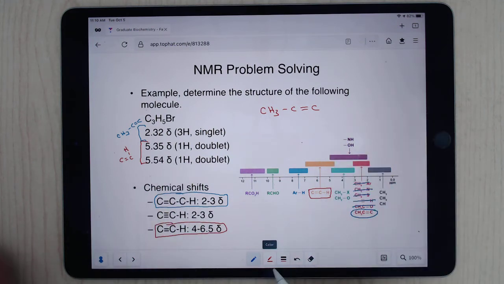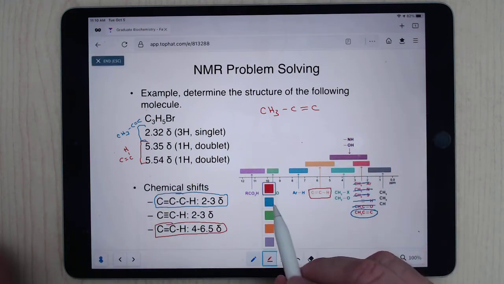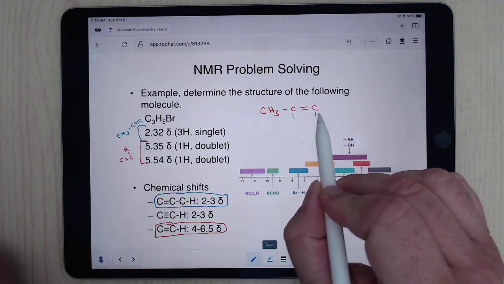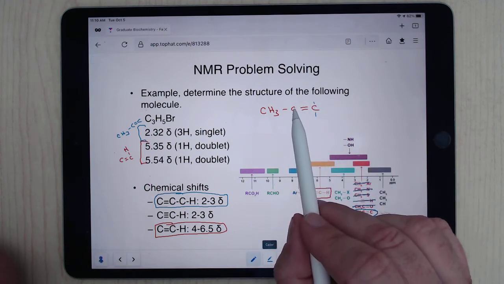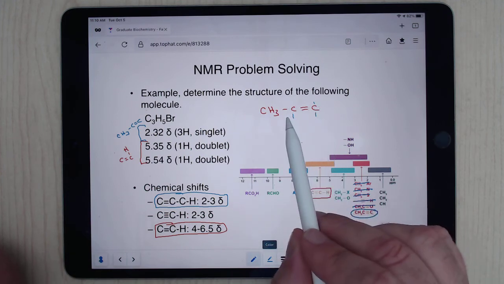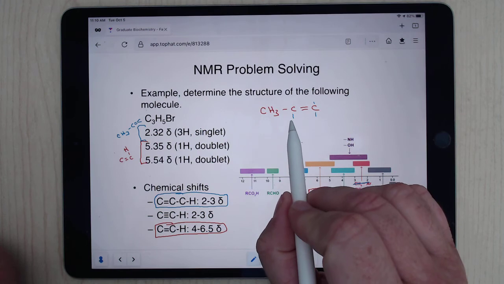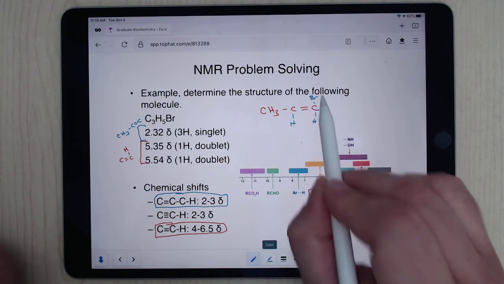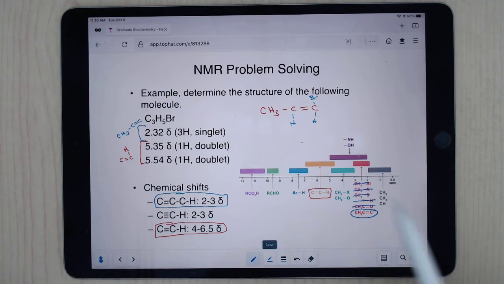What we're missing is one thing here, one thing here, and one thing there, because this has 3 open bonds and this one only has 2, so this must have 2 things on it. We could put, say, a hydrogen here and a hydrogen here, and that would leave the bromine here. Now, does that make sense for what we're seeing?